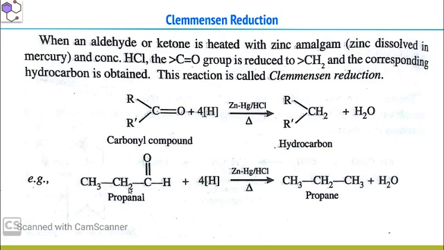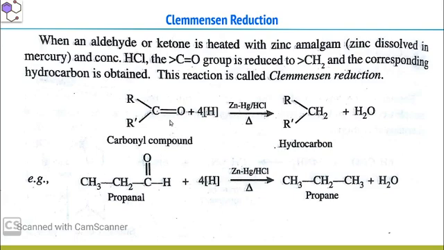For example, here we have propanone. By reducing with zinc amalgam and HCl, this C=O functional group, that means this oxygen, will get removed, then two hydrogen atoms will get added, giving CH3CH2CH3. So how will you convert propanone to propane? By using zinc amalgam and HCl.